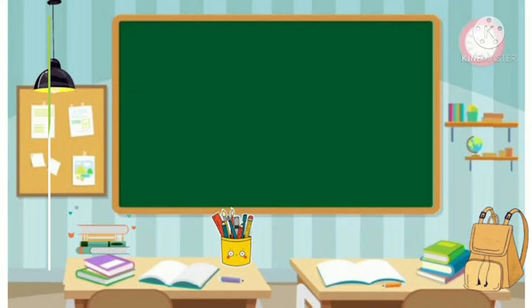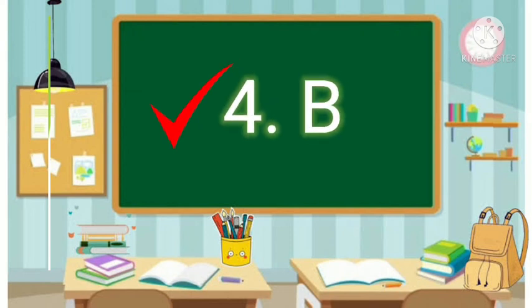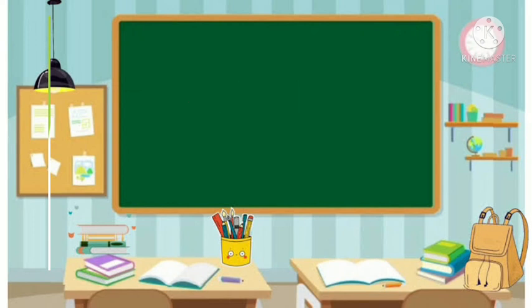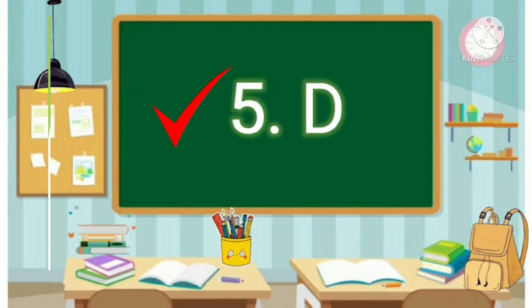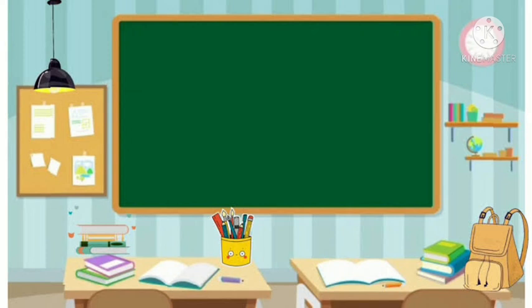For number 4, it is letter B, 7 and 12/15. And number 5, it is letter D, 31/35.